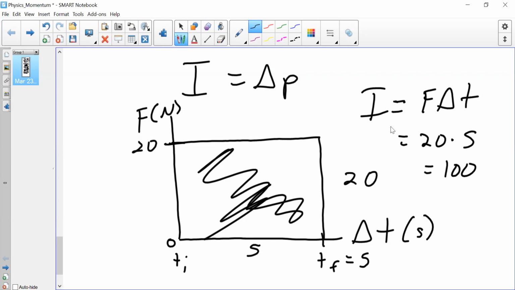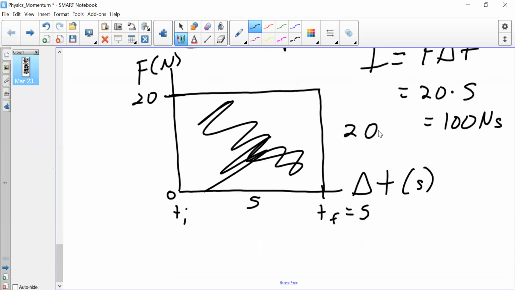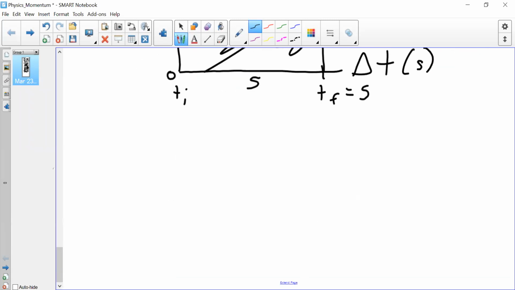And the units of impulse are newton seconds, because force is newtons and time is seconds, which reduces to the units of momentum. Sorry, I didn't say that before, but the units of momentum are kilogram meters per second. So let me just write that again here. Impulse, force times time.